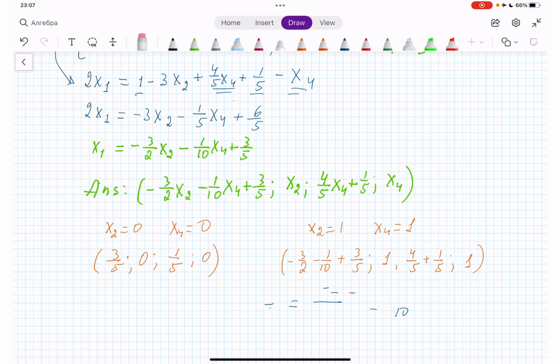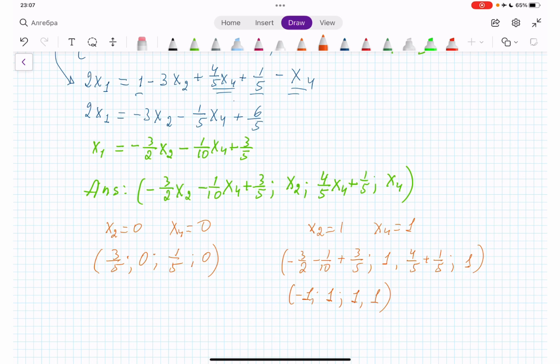Okay. So once we solve it, we are getting negative 1, 1. 4/5 plus 1/5 is also 1, and 1. So this is the answer for x2 equal to 1 and x4 equal to 1. So this is showing that the equation has infinitely many solutions, since we can assign any value to these free variables.